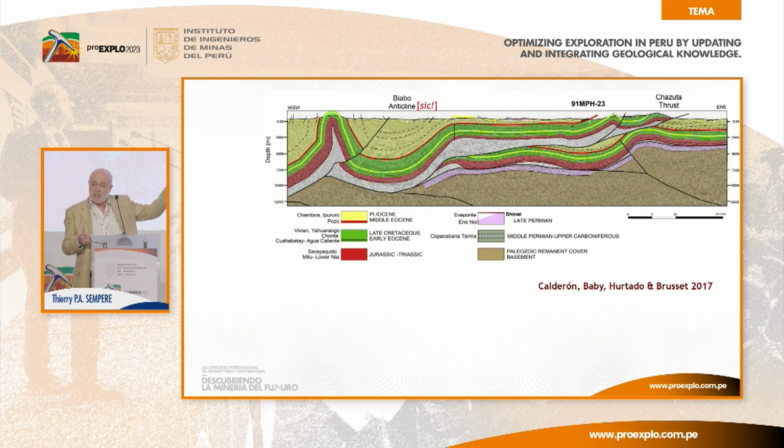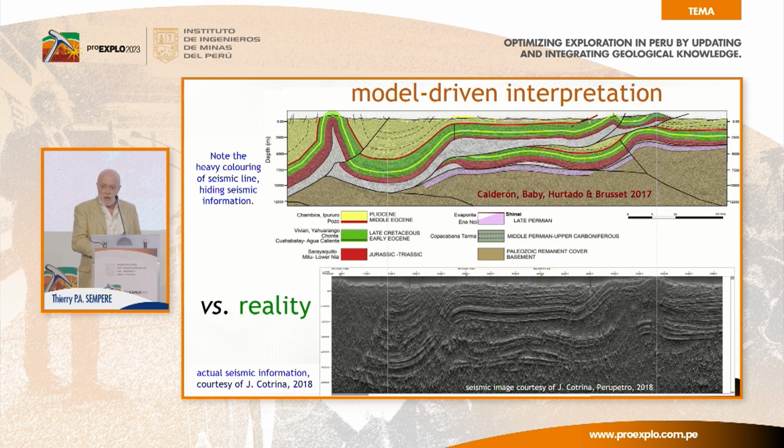This is based on a seismic line, but we can't see any more of the seismic information. It's hidden. So I asked a colleague at Perupetro if they could provide me with a seismic line in order to see it, because I'm like St. Thomas. I want to see reality.